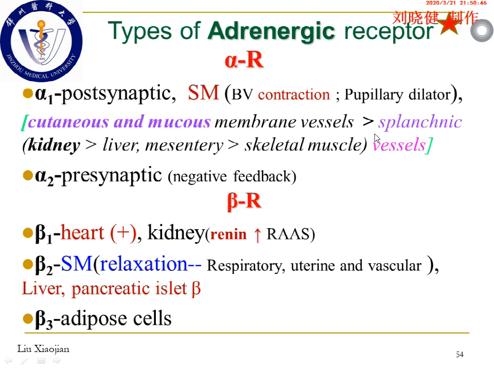And in the visceral organs, the splanchnic region, especially the kidney, the alpha-1 receptor density in the blood vessels is higher than in other tissues. And then the liver, mesentery, and skeletal muscle; the density of alpha-1 in the skeletal muscle vessels is the least.